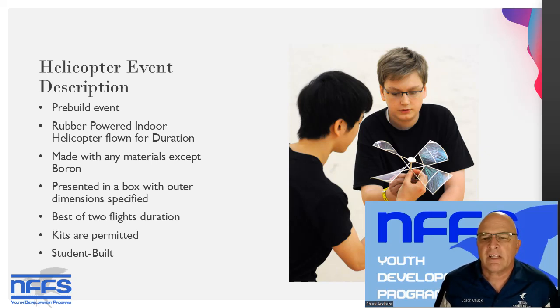Similar to the airplanes last year, the helicopter will be presented in a box with the outer dimensions specified. This gives a lot of freedom of design as long as the completed helicopter ready to fly will fit in the box. The event will consist of 2 flights, and your best flight will be your score. Kits are permitted, but the kit must be student built.